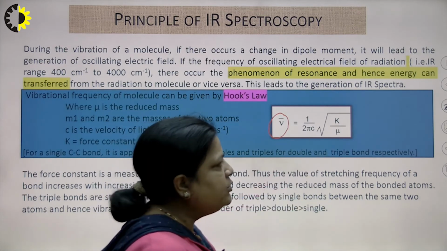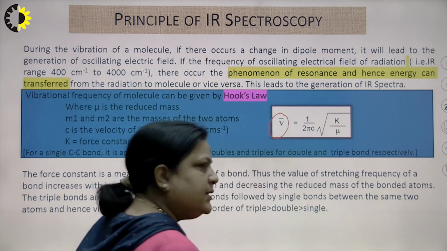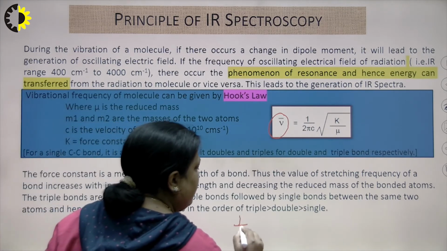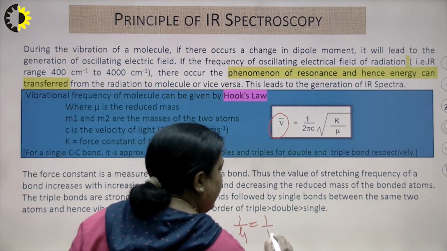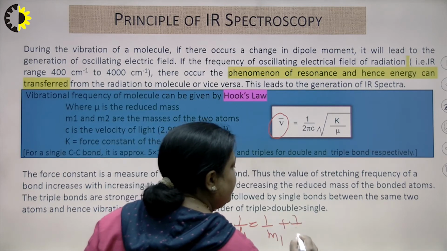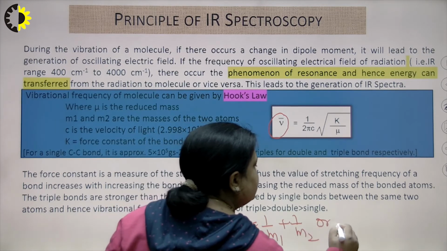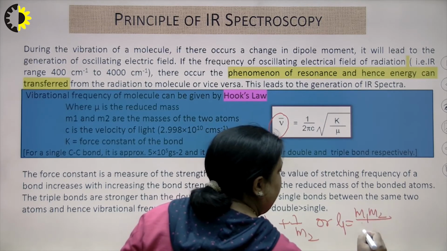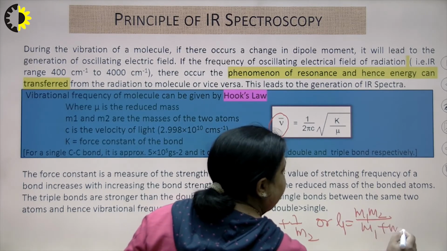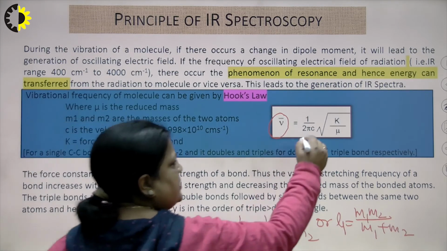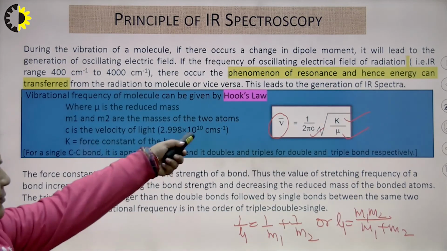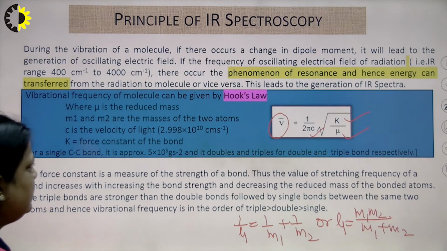Mu is the reduced mass, which depends on the masses of both atoms: 1 upon mu is equal to 1 upon m1 plus 1 upon m2, or mu is equal to m1 m2 upon m1 plus m2. So, mu is the reduced mass, k is the force constant, c is the velocity, and nu bar can be calculated.